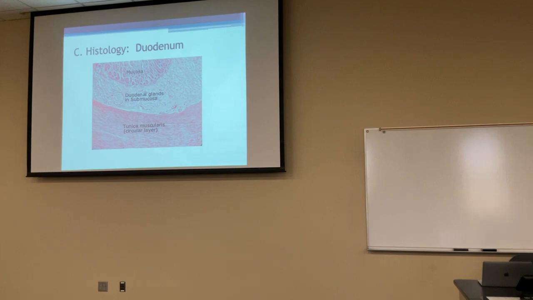For example, the duodenum has a mucosa, a submucosa, a muscularis, and a serosa. And the way you can tell a section through the small intestine came from the duodenum is that the submucosa, which is this light-colored layer, is just packed full of glands called duodenal glands.